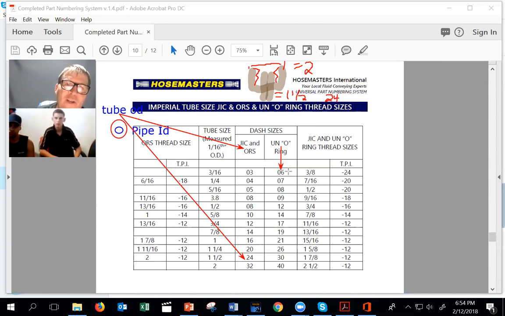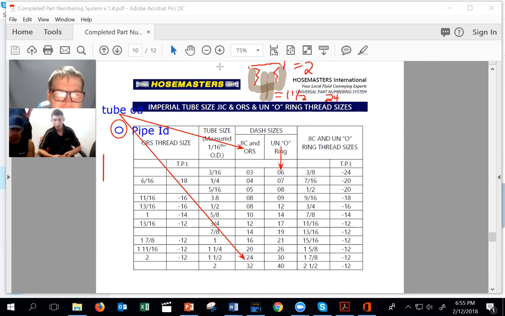Now, when you see the ORSF, you've got the ORSF fitting in your hand. No, hang on. These two are the ORS here.